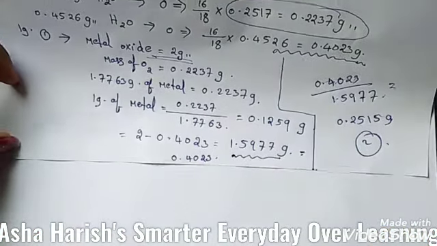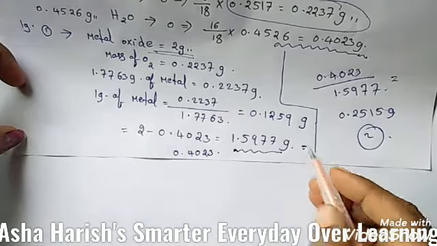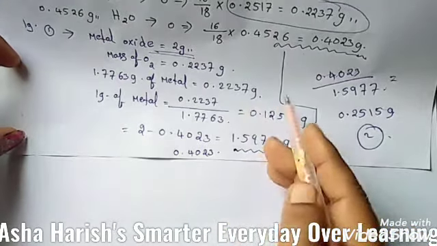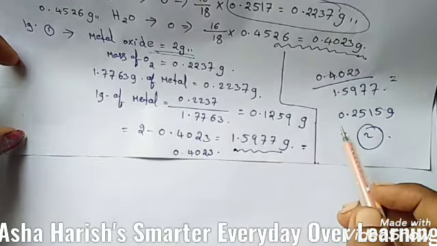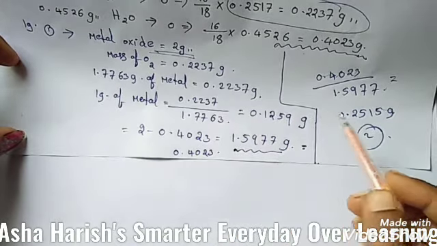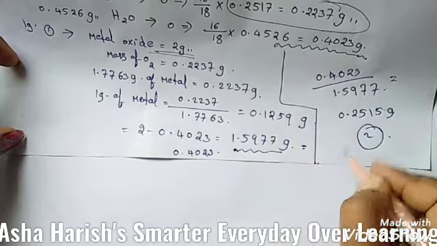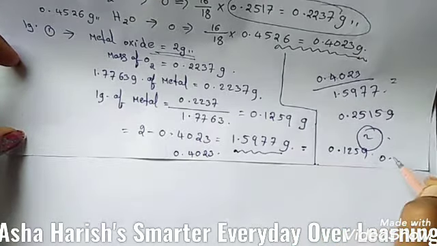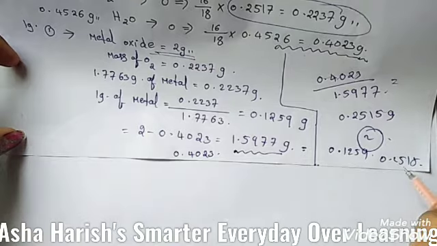In step 3, what we have to do is compare the masses of oxygen which combine with the same mass of the metal in these two oxides. Now the masses of oxygen which combine with 1 gram of metal in the two oxides are respectively 0.1259 grams and 0.2515 grams.